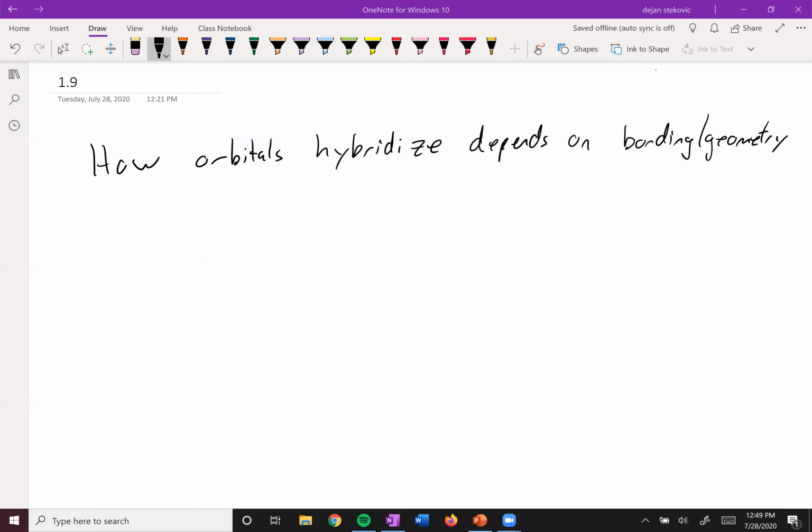And what we'll see is that it's actually more so the geometry rather than the bonding that determines the hybridization.